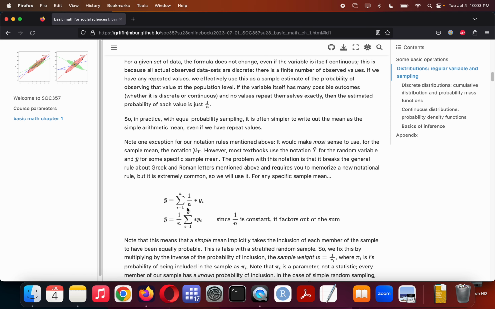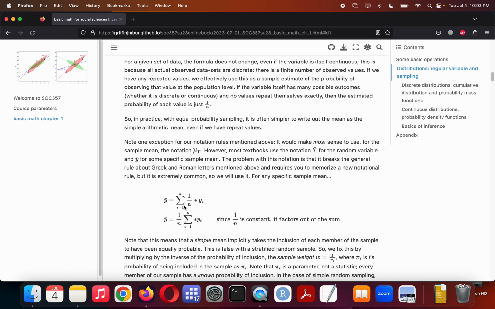If you have repeated outcomes, so you have 10 multiple times, say a couple of 10s, and let's say you have 50 observations, then you would have 1 over n times 10, and 1 over n would be 1 over 50, so you'd have 1 over 50 times 10 plus 1 over 50 times 10, and that ends up being 2 times 1 over 50 times 10, or 2 over 50 times 10.